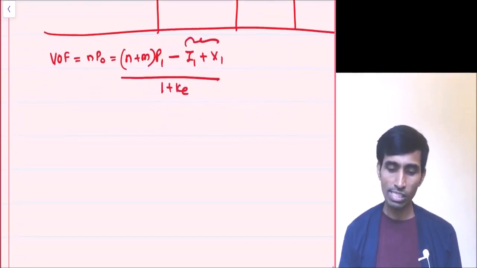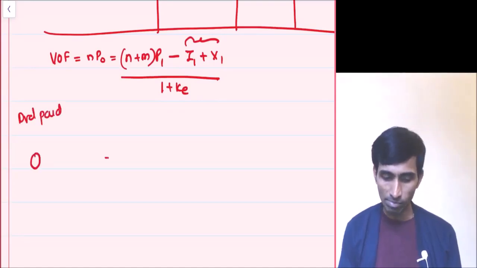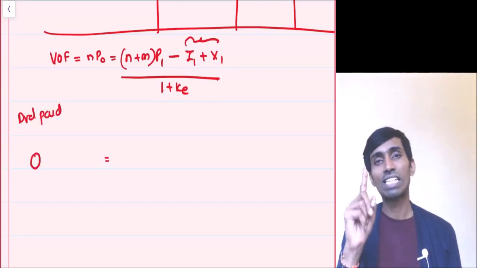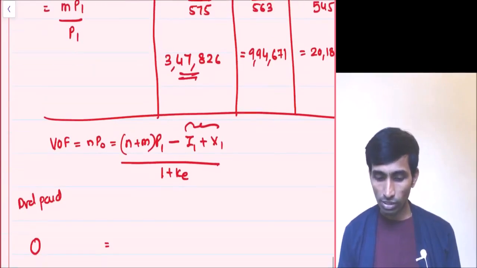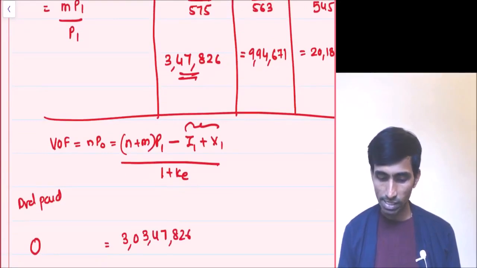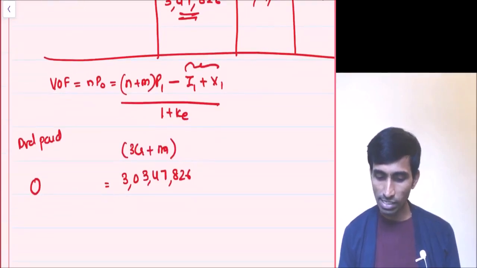So listen. Now if the dividend paid is nil, if the dividend paid is 0, at that time currently the shares are 3 crores plus I will issue 3,47,826 new shares. So 3 crore plus M, the new shares, multiplied by 575.